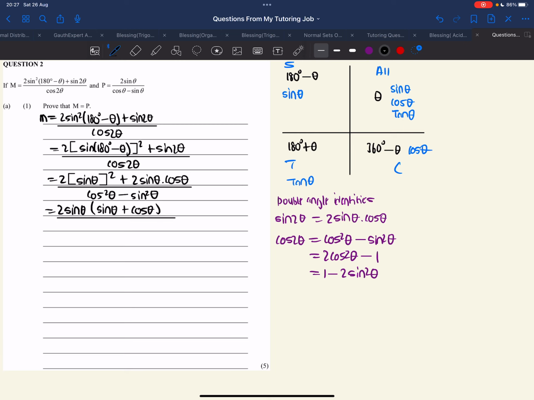Now can you see that cos squared theta minus sine squared theta is what they call a difference between two squares. According to the theory of difference between two squares, if you are given x squared minus y squared and you factorize that, it would be (x plus y)(x minus y).